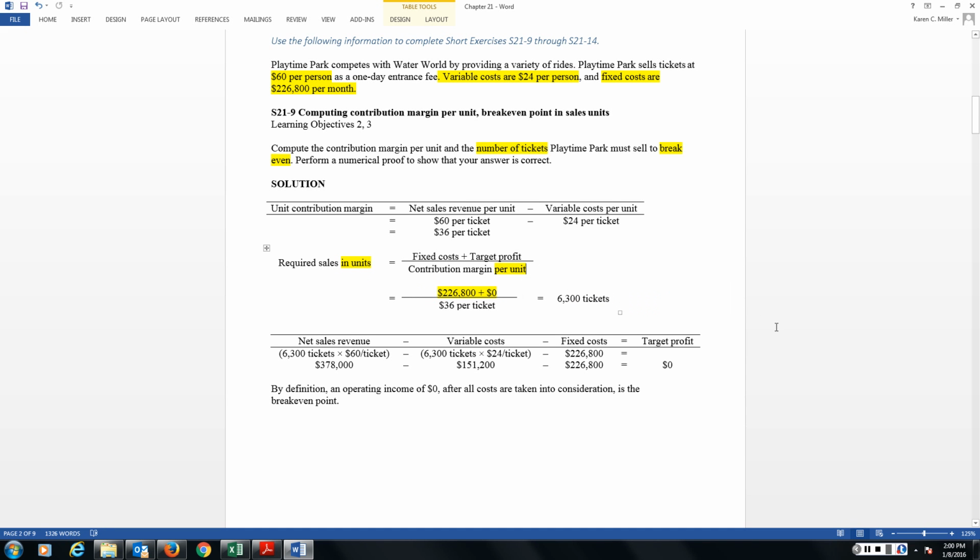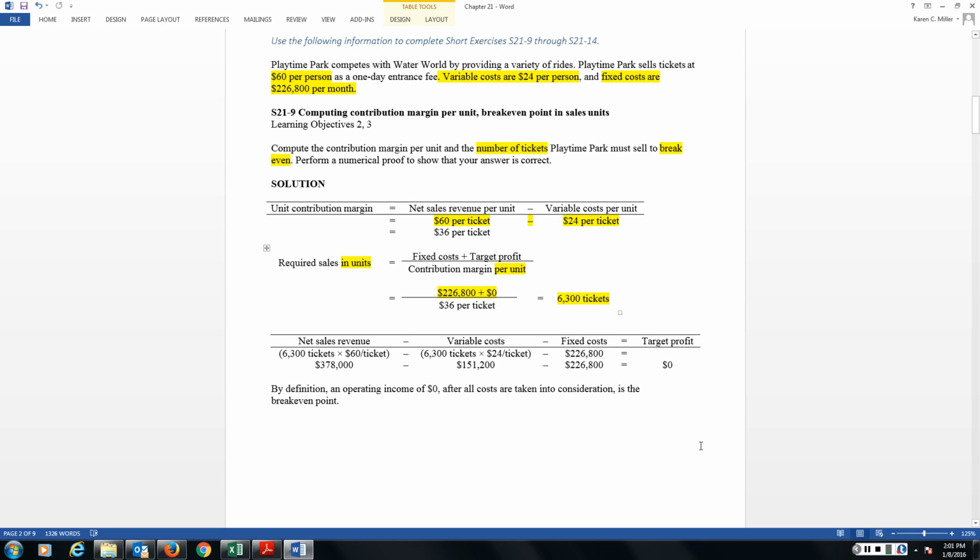How do we calculate contribution margin? Simply sales less variable cost equals contribution margin. So I know that I need to cover fixed cost of $226,800 with a contribution margin of $36 per ticket. I need to sell 63,000 tickets to break even.